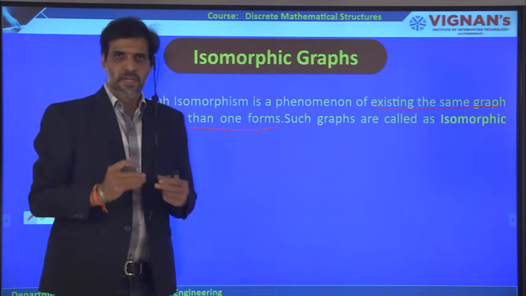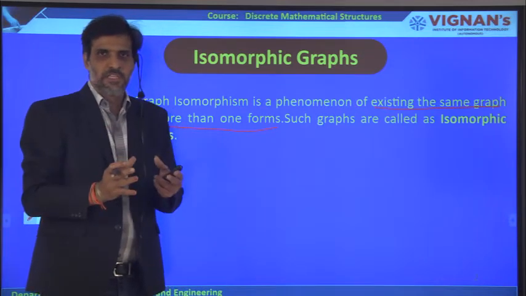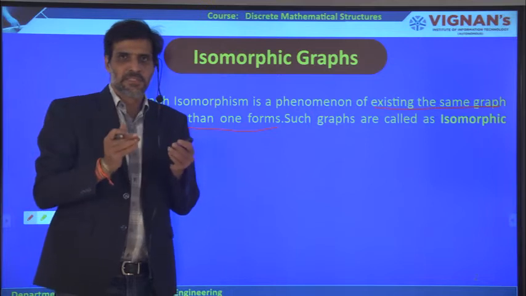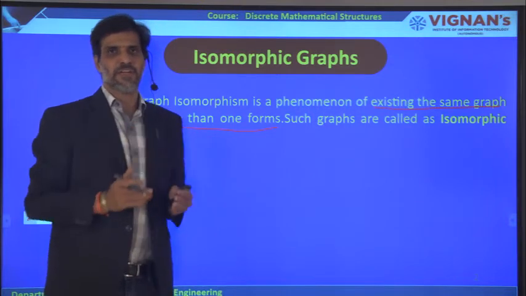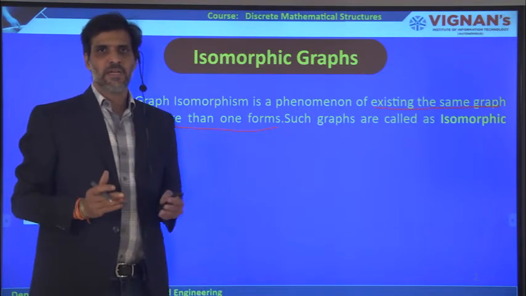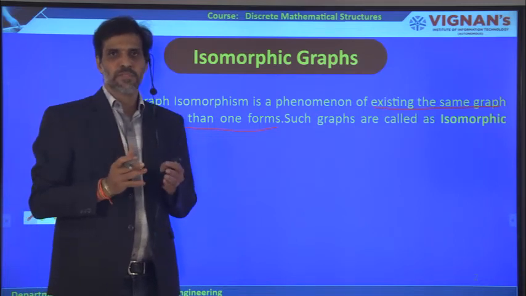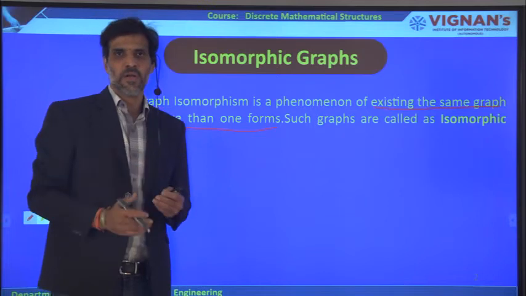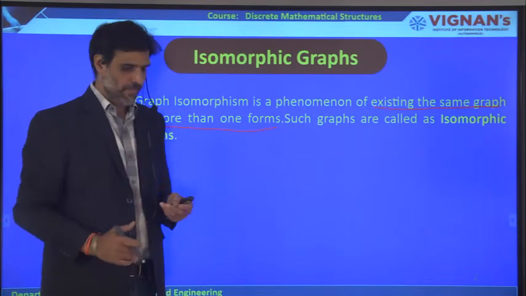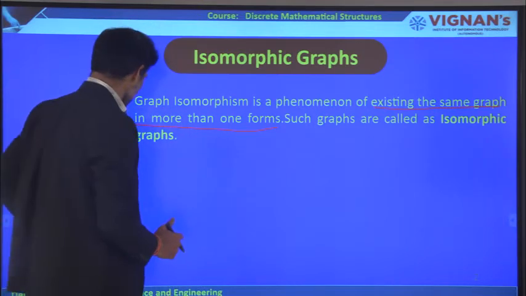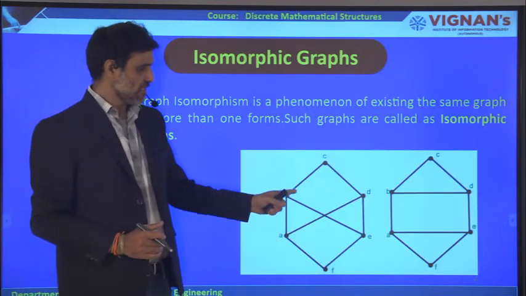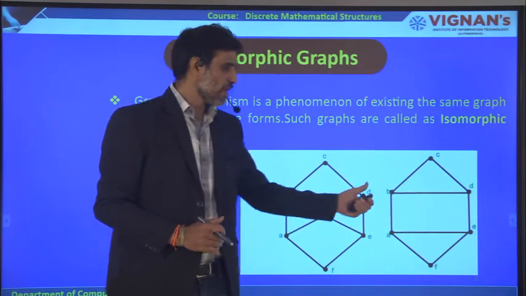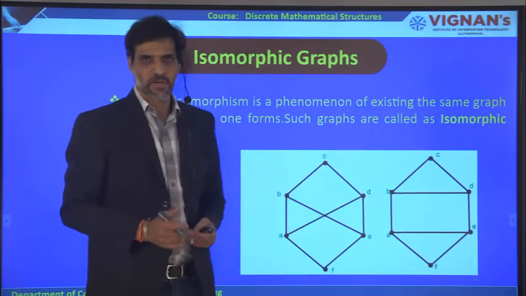If the graph exists in more than one form and the forms satisfy some set of conditions, then those two graphs or three graphs, whatever graphs we take, are called isomorphic graphs. Let me give you one example. This is one graph and this is another graph, and these two graphs are called isomorphic graphs.